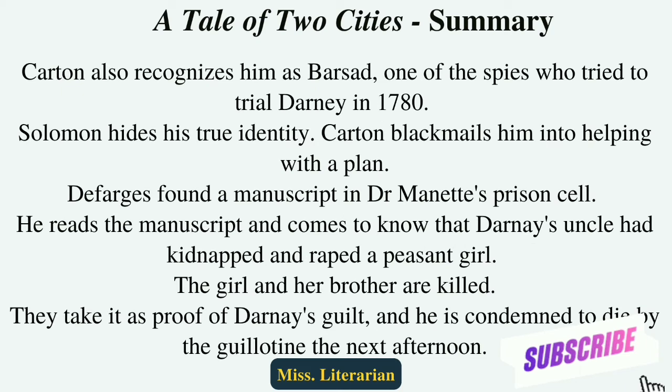Sidney Carton also recognizes him as Barsad, the one who spied against Darnay at his trial in 1780. At first, Solomon is desperate to keep his true identity hidden, but after Carton threatens him, he reveals his English identity. Carton also blackmails Solomon into helping him with a plan.